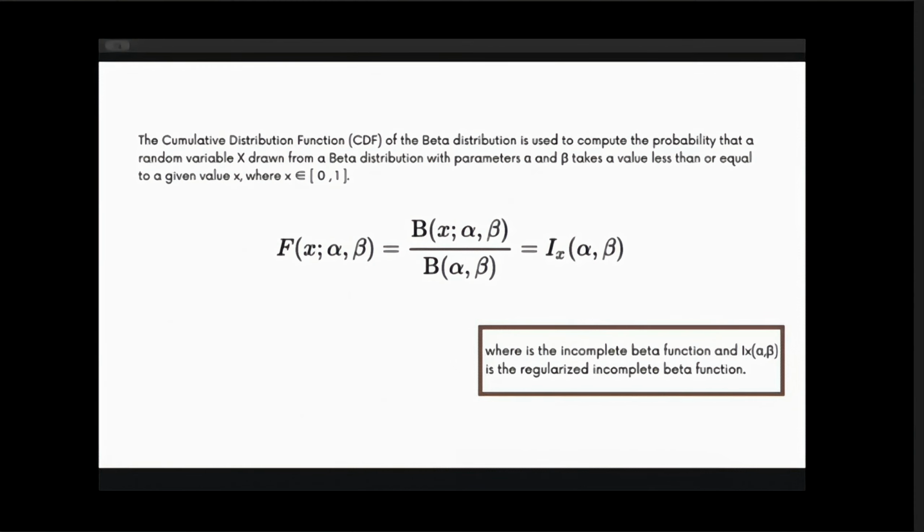Mathematically, the CDF is represented by the following formula, where I_x(alpha, beta) is the regularized incomplete beta function, which accumulates probability from 0 to the specified value of x. For example, if you want to know the probability that x is less than 0.5, the CDF provides that answer by summing up the area under the curve from 0 to 0.5.